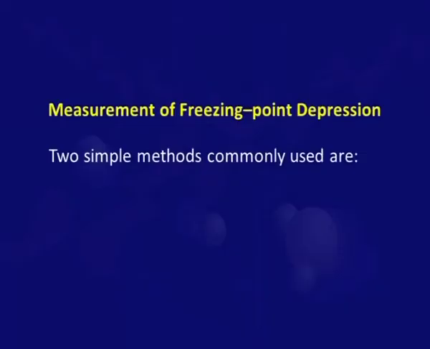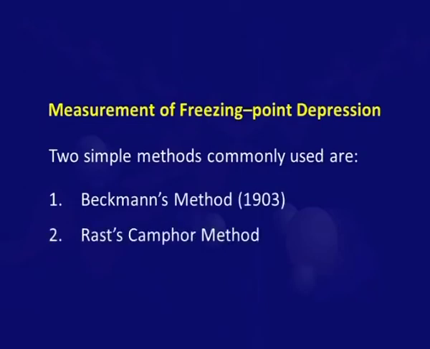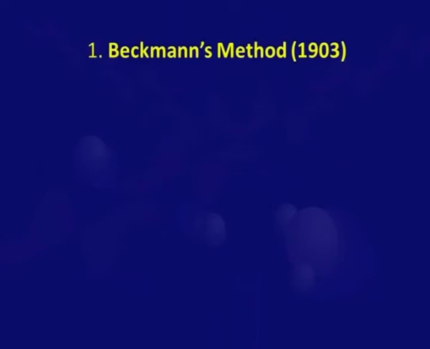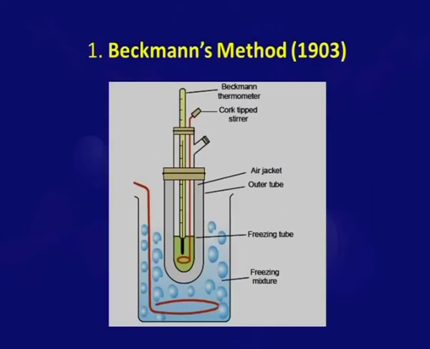Normally, two common methods are used for this purpose: Beckmann's method and Rast-Camphor method. First, we are going to discuss Beckmann's method. The apparatus for Beckmann's method consists of a freezing tube with a side arm to contain a solvent or solution. The solute can be introduced through the side arm.